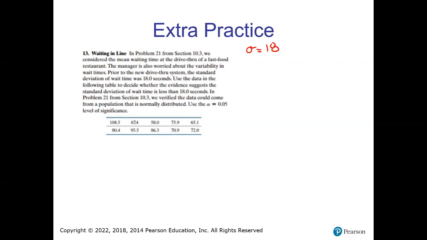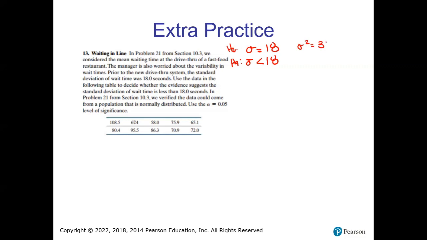Use the data in the following table to decide whether the evidence suggests the standard deviation of wait times is less than 18 seconds. So we want to test, is it less than 18? Null, alternate. The first thing I need to do is square that, so take 18 times 18 in a calculator.